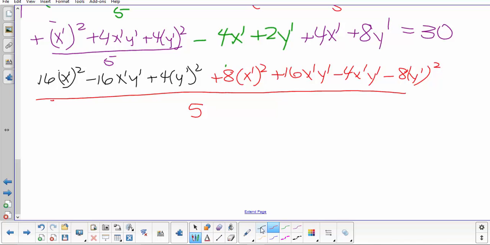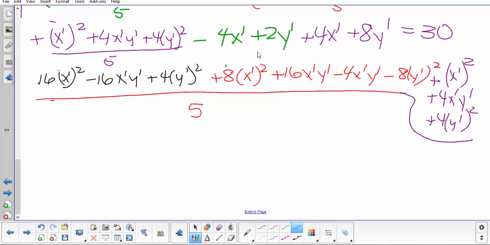And I'm going to try to squeeze in this last piece here. So that's just plus x prime squared plus 4x prime y prime plus 4y prime squared. So all of this is over 5. So all of this can be easily combined.